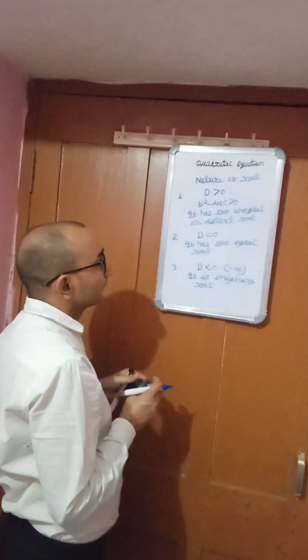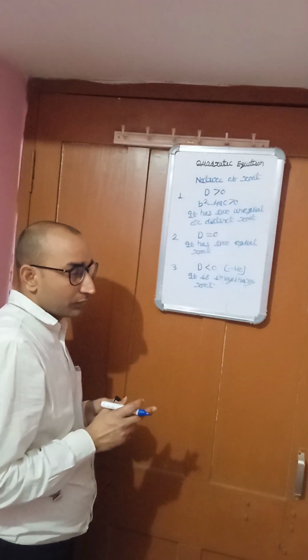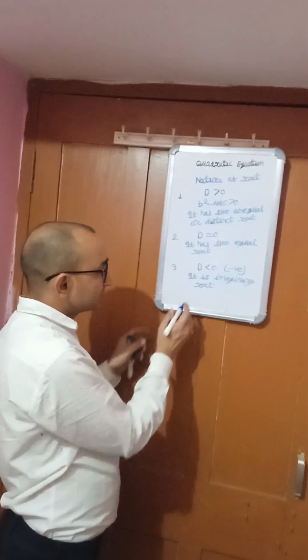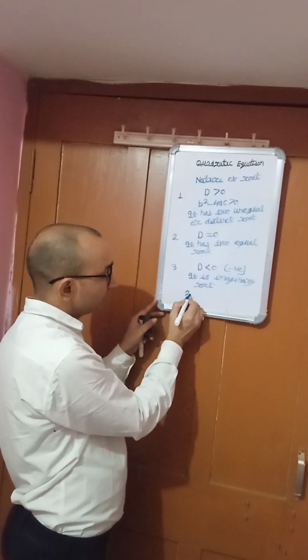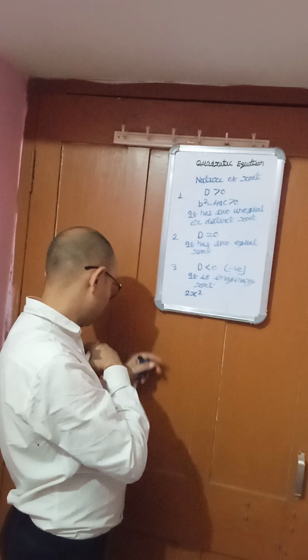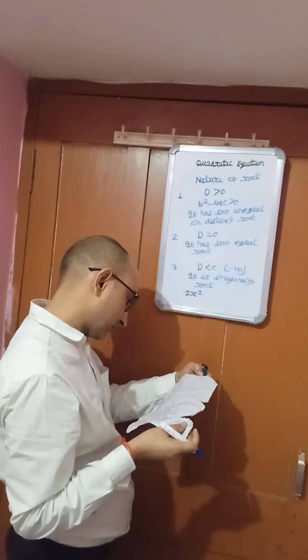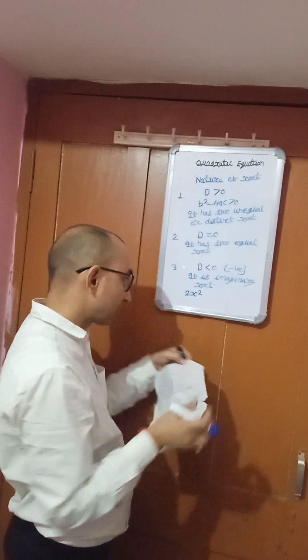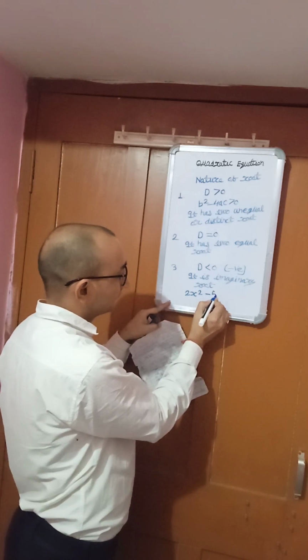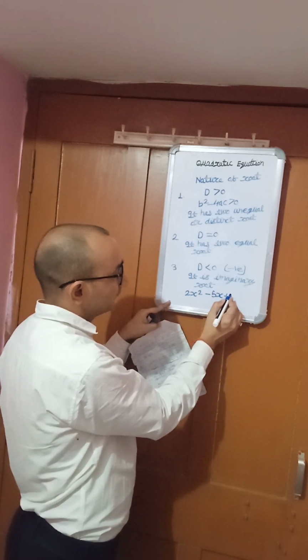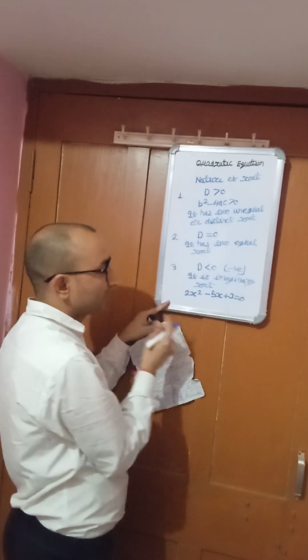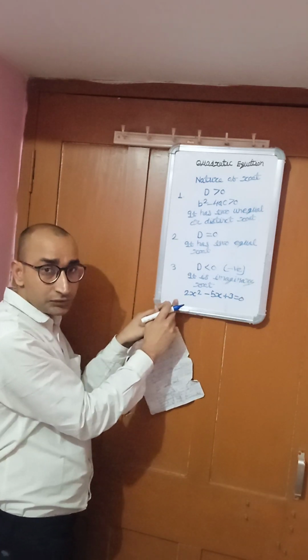So when I explained 2x square minus 5x plus 3 equals 0, here D is greater than 0.